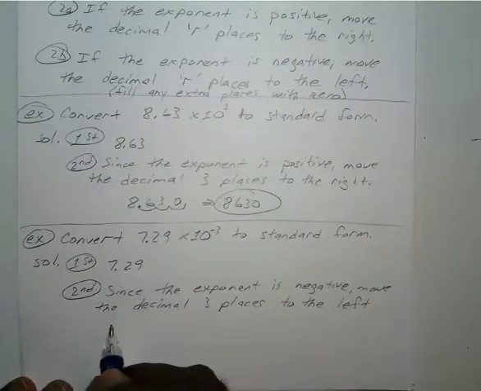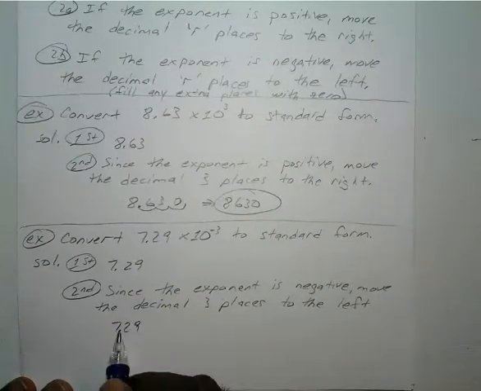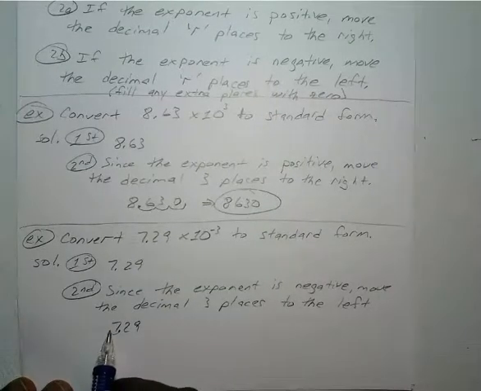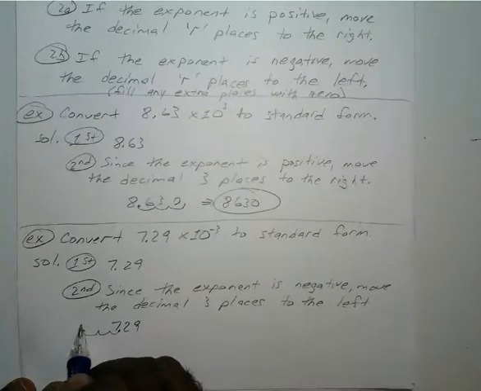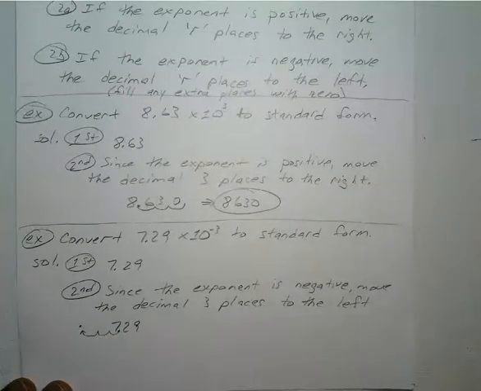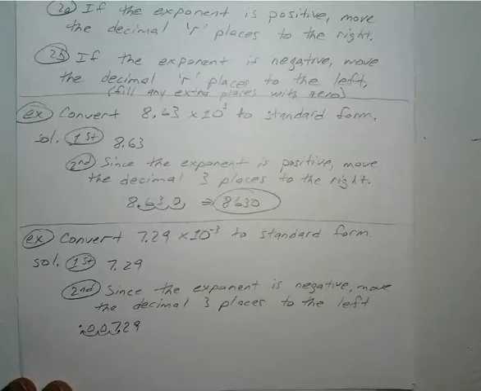Okay, so that means your 7.29, you're going to move that 1, 2, 3 places to the left. Okay, and remember, you fill in the extra spaces with 0, so we're going to fill those two up with 0.